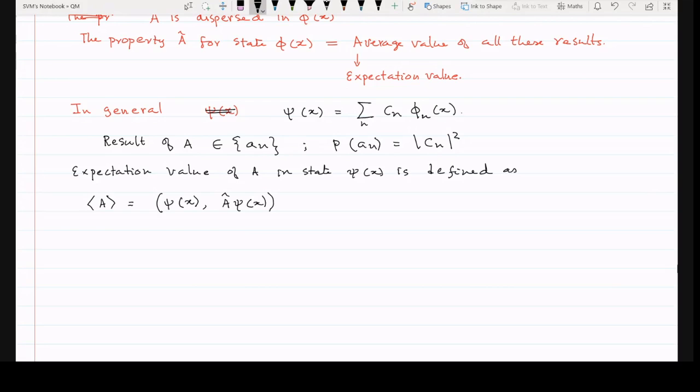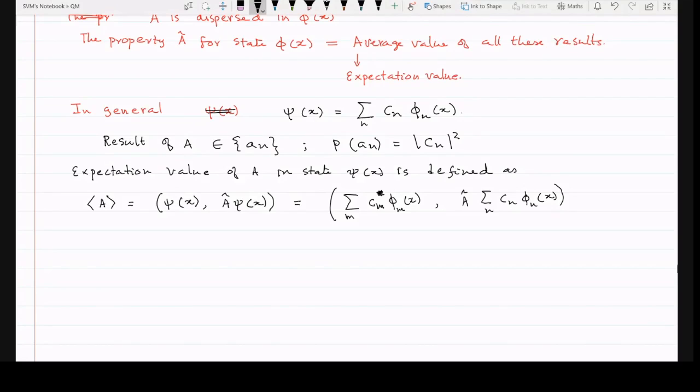Supposing you want to understand this, let us use this notation. Psi of x can be written as the sum over m of Cm star into Cm, sorry, Cm into phi m of x, and A operating on the sum over n of Cn into phi n of x. I have to use a different index for summation because there can be cross terms, so there is no star here.